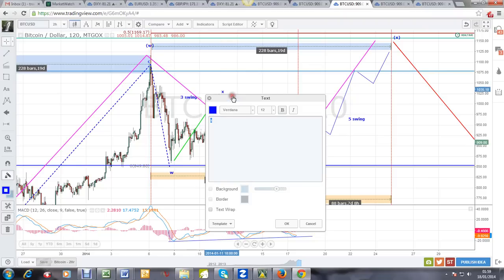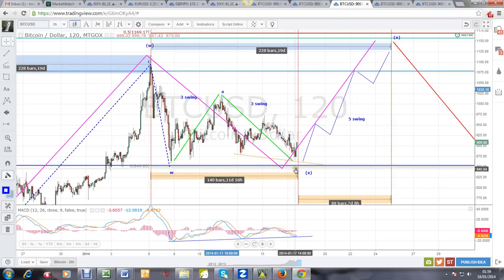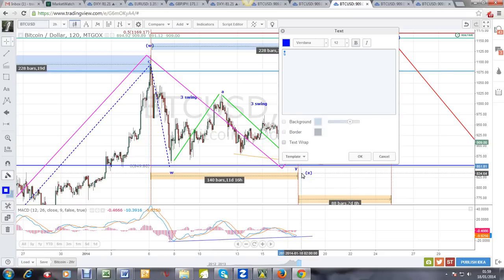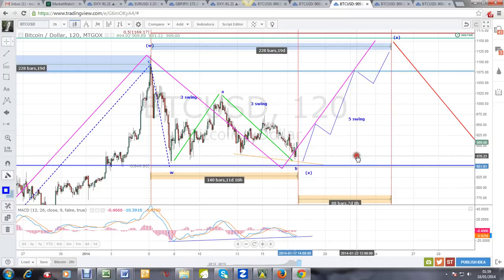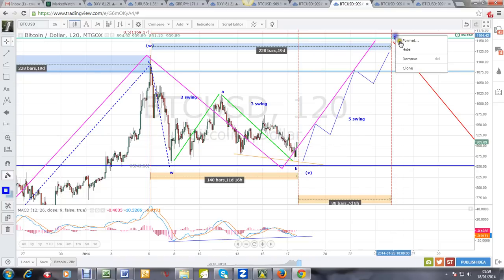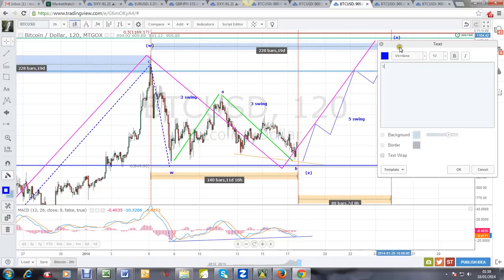Sorry for the confusion. So this one would be A, this one would be B, and then this one here would be C. Okay, so that's C. I just changed that one there, C.